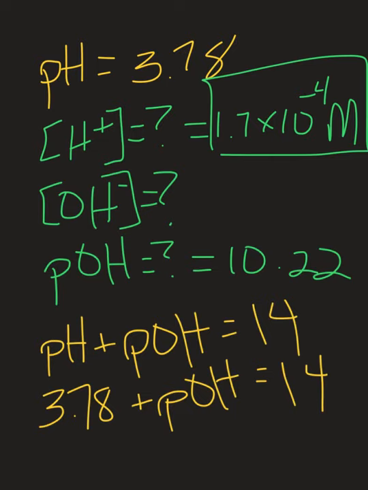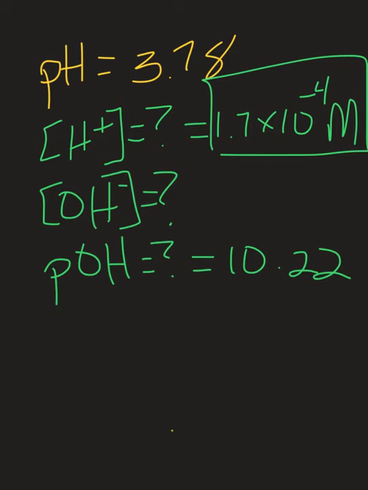And once we have pOH, then we can figure out the hydroxide concentration. So we have pOH at 10.22. Now we can calculate the hydroxide concentration. We're going to do it the exact same way we figured out the hydrogen ion concentration. 10 raised to the power of the negative pOH.